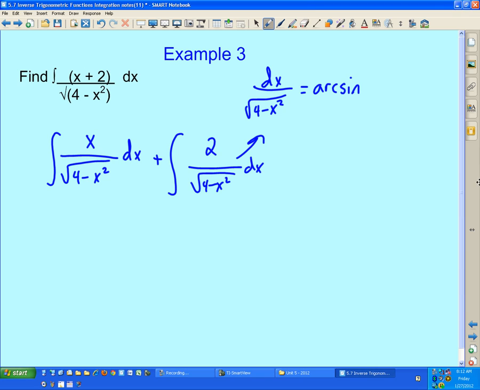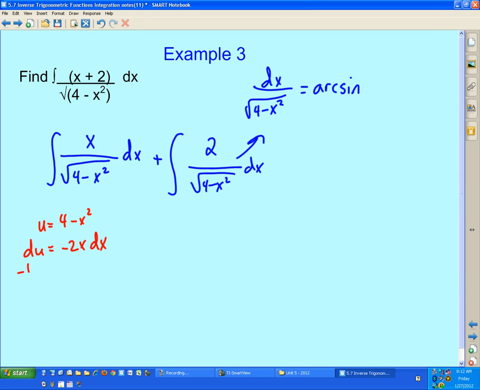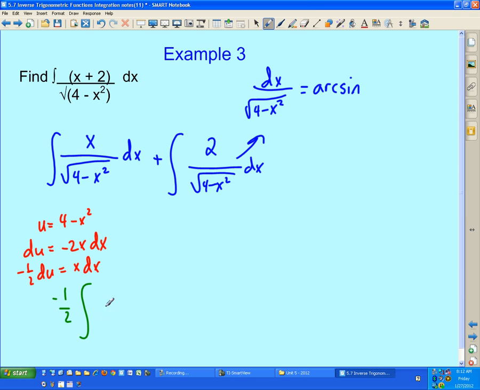So if I say that u in this case is 4 minus x squared, du turns into negative 2x dx, which then we get negative 1/2 du will equal x dx. And so over here for this first half, it's going to turn into negative 1/2 the integral of 1 over the square root of u du.